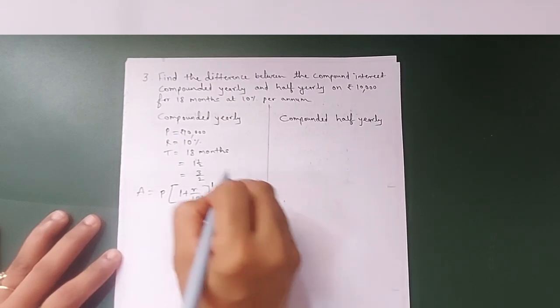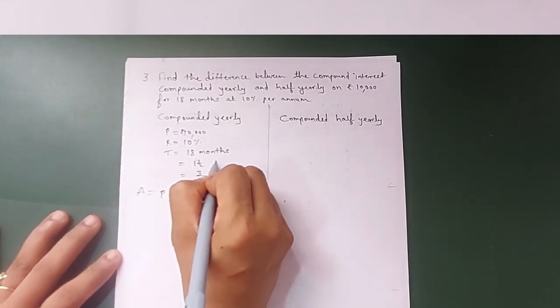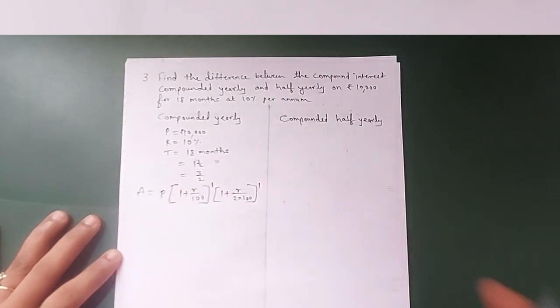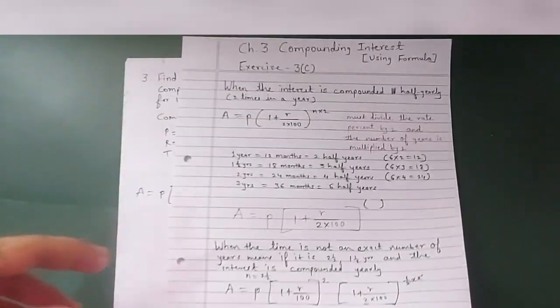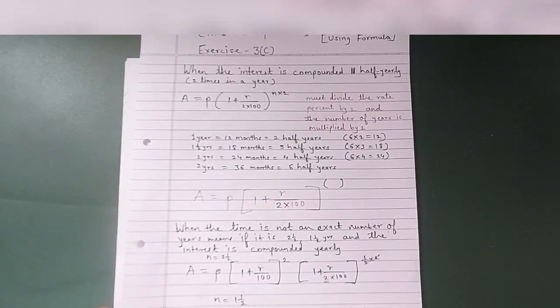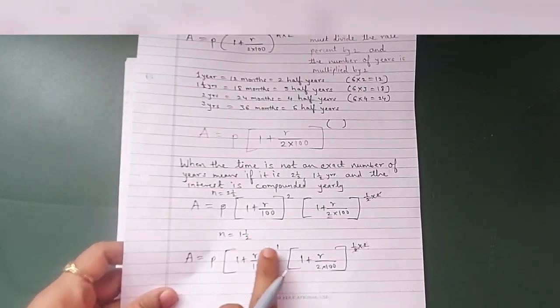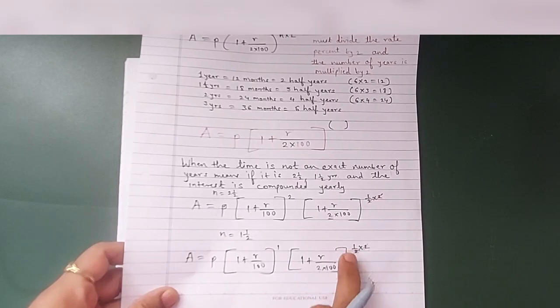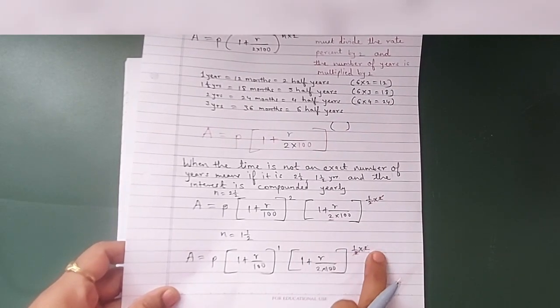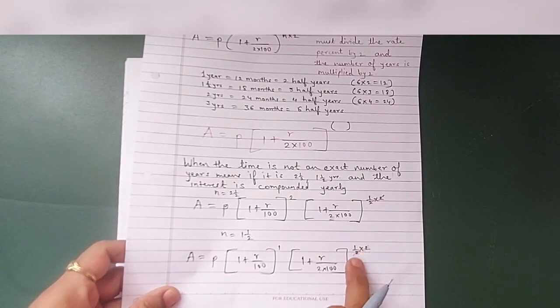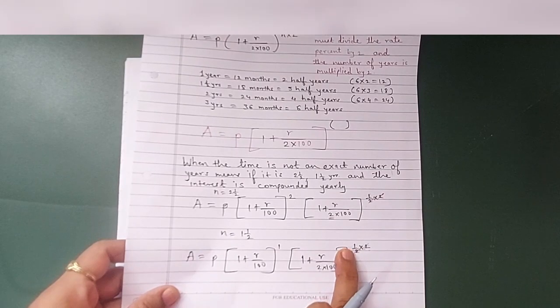Why? Because we have seen this already. Whenever the 1.5 year is there, this way here 1 will be there, and here why 1 only will come? 1 upon 2 multiplied with 2, so when this 2 will get cancelled, 1 only will remain. That's why.